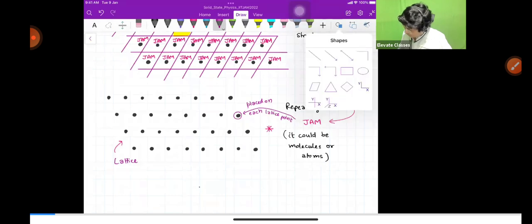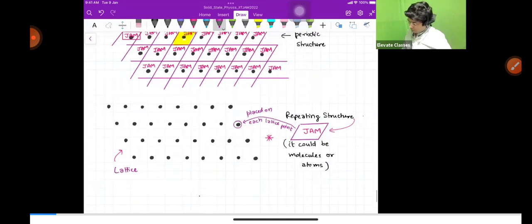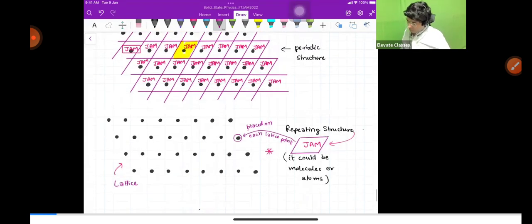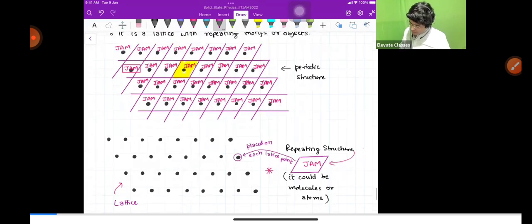It's a parallelogram, right? So this is a unit cell for this structure. Can you see this? This is a unit cell for this periodic structure.